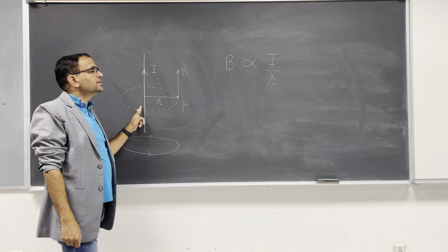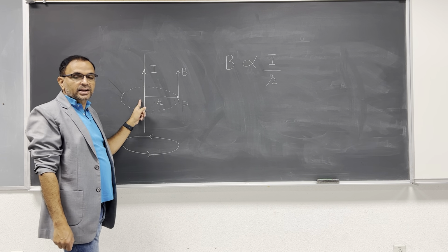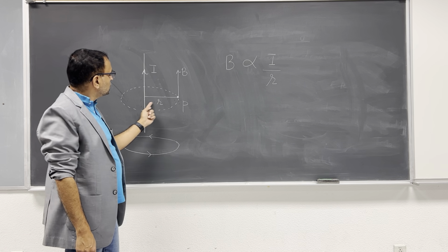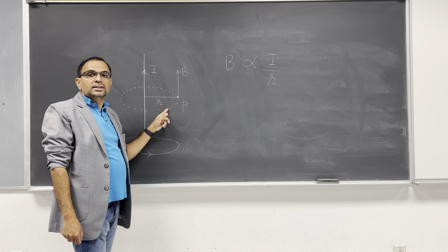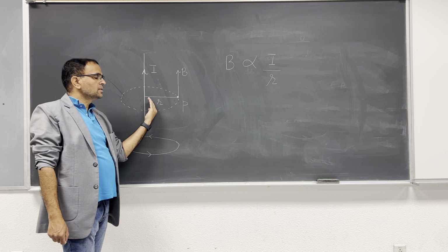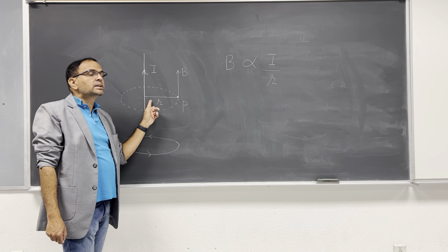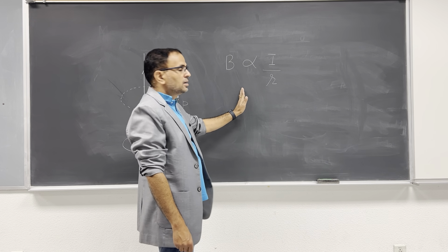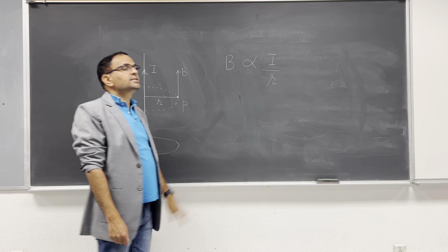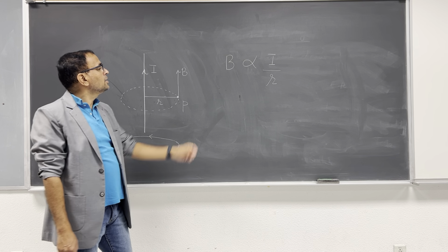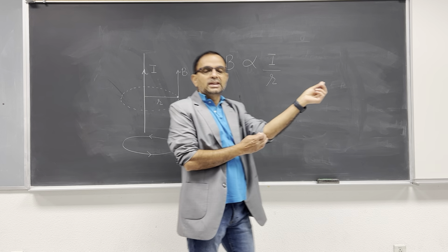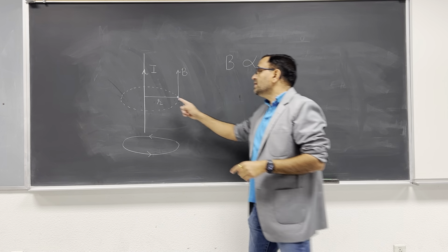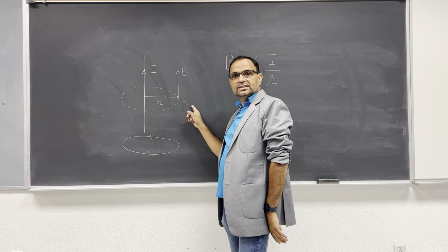The magnetic field depends on this current directly. And this magnetic field is inversely proportional to this distance r. This means if this point is close to the current, the magnetic field is big. If you move this point far from the current, the magnetic field is small. Therefore, the magnetic field is directly proportional to the current and inversely proportional to the distance of that point from the current, but it is a perpendicular distance.